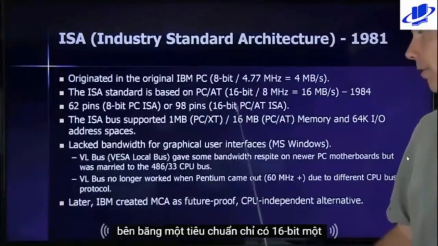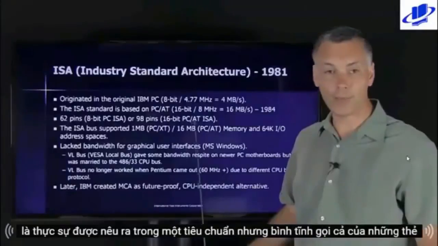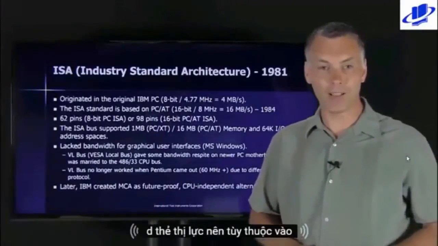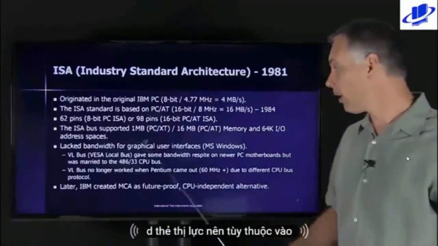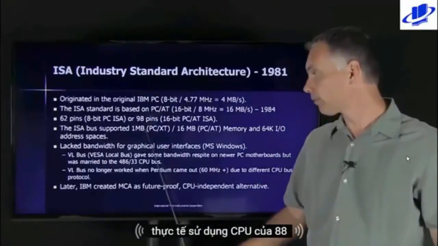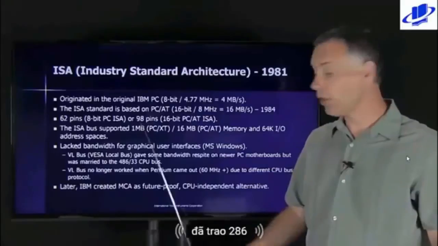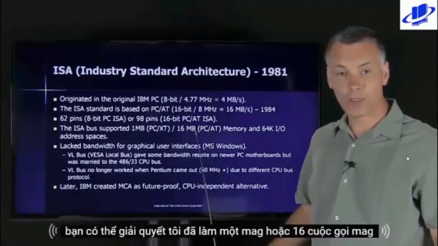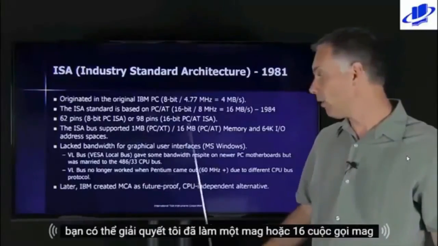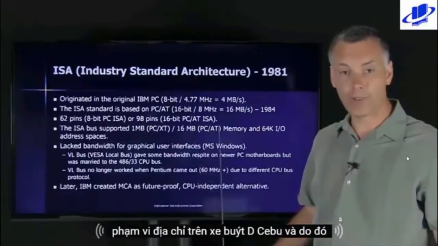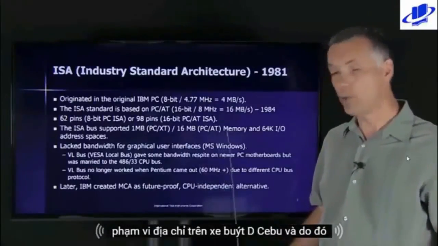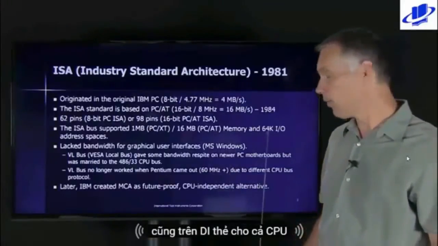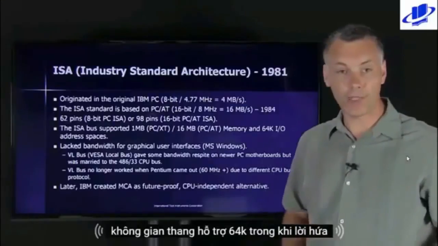Only the 16-bit one is actually spelled out in the standard, but commonly we call both of those card versions the ISA card. So depending on the actual CPU used, the 8088 or the 286, you can address either 1 meg or 16 meg of address range on the CPU bus and therefore also on the I/O card. Both of these CPUs support 64K of address space.